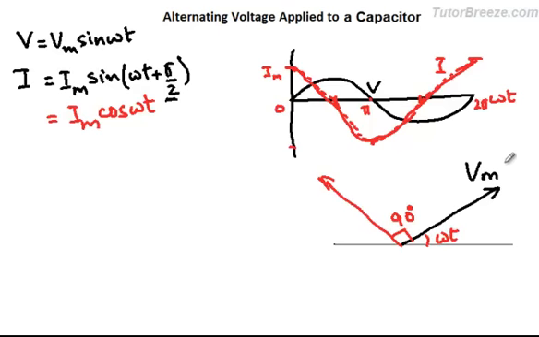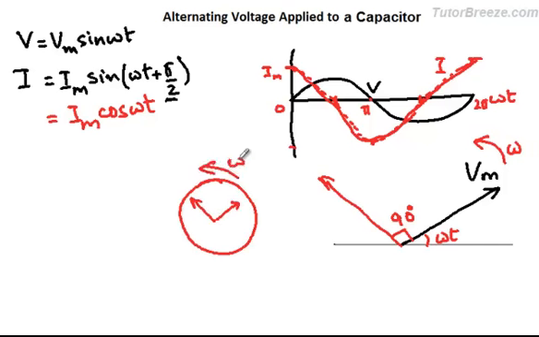The angular speed with which these phasors rotate is omega, which is the angular frequency of the alternating quantities. You can just think of an imaginary clock where you have two needles and these keep rotating at an angular speed of omega, and they are at all times at a difference of 90 degrees from each other.